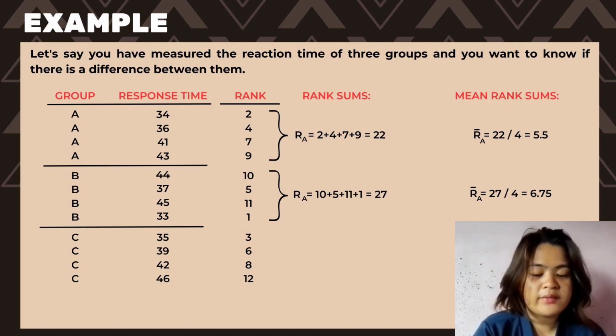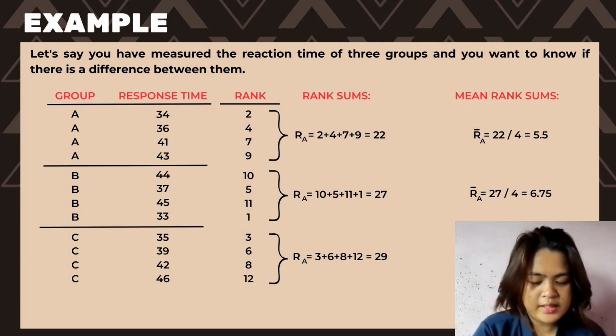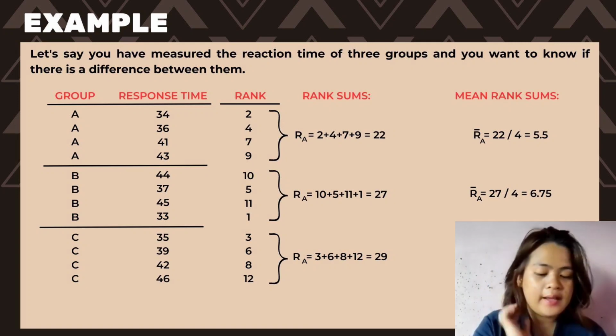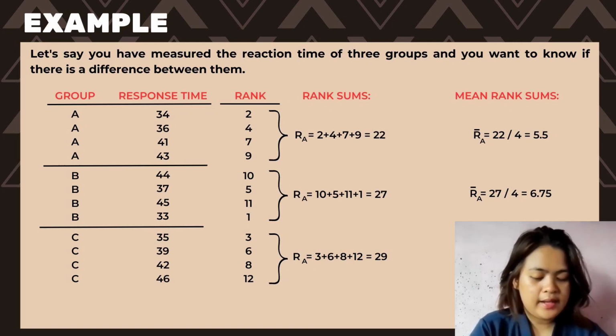That is our mean rank sum. Next slide po. For group C, same thing. We add 3 plus 6 plus 8 plus 12 equals 29. And 29 divided by 4 equals 7.25. And that is our mean rank sum.